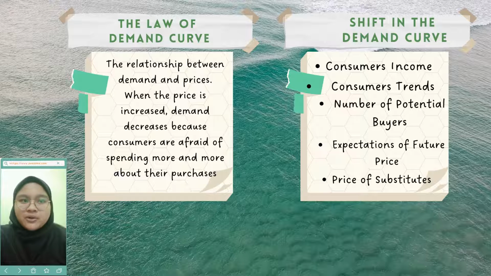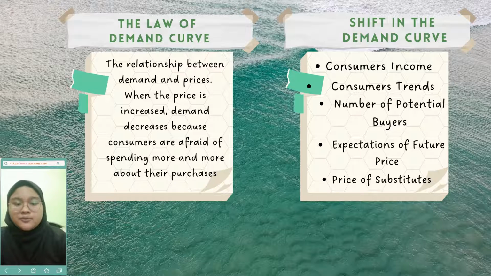When price increases, demand decreases because consumers are afraid of spending more and more money on their purchases. The law of demand curve shows the relationship between demand and price. Shifts in the demand curve happen because of consumer income, consumer trends, expectation of the future, price of substitutes, number of potential buyers, and expectation of the future price.